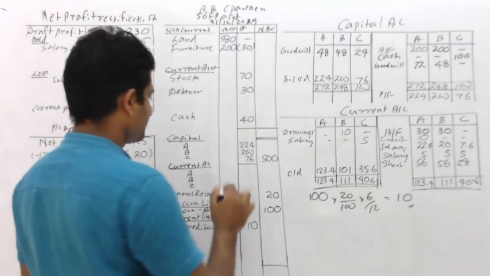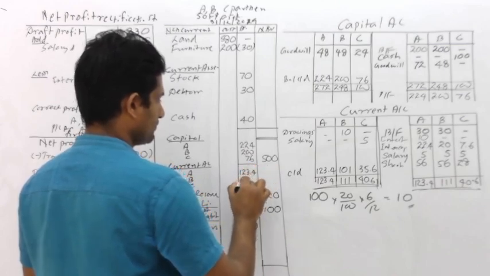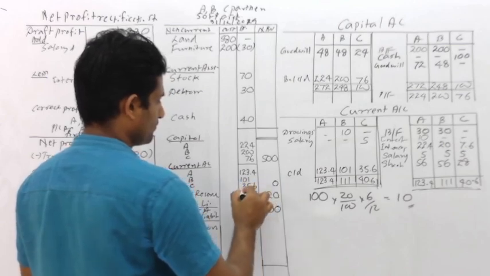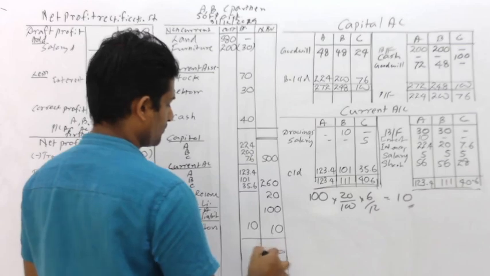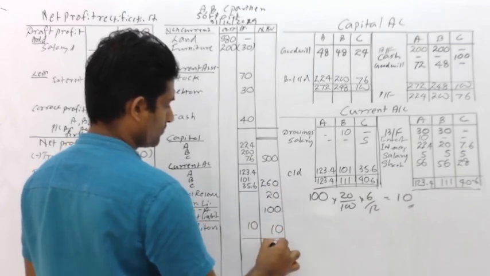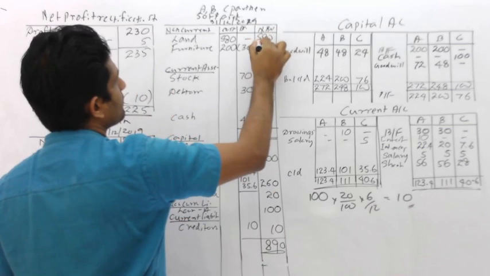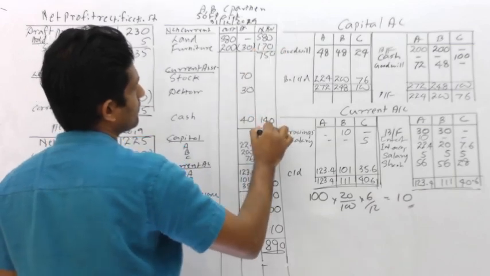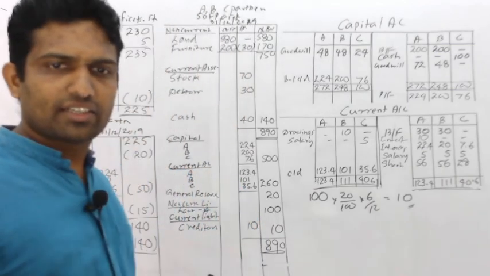The current account balances. The total is 890.